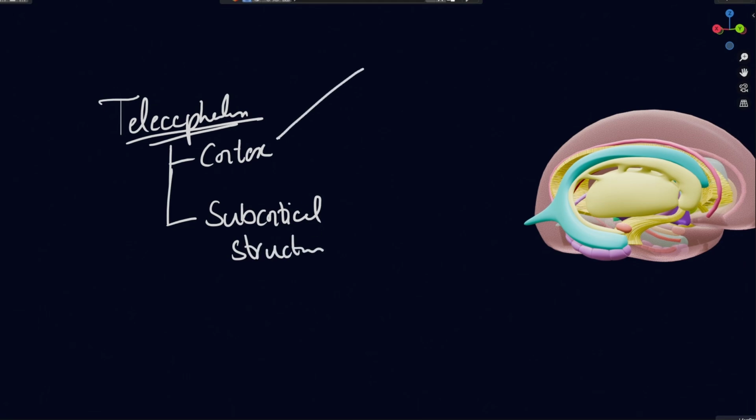So cortex is the modern cortex, which is also called isocortex, and the older type of cortex, which is called allocortex. And allocortex is actually divided further into two parts, but let's just ignore that.